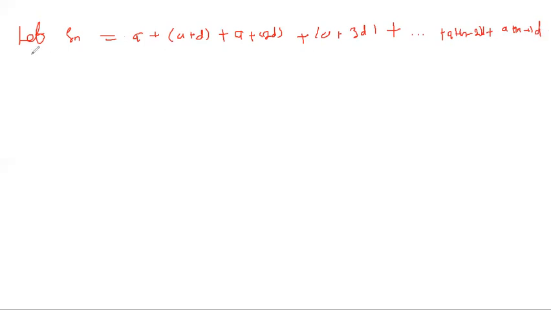Then we still do the same. We begin with the last one. The last one here would be a plus n minus 1 times d, plus a plus n minus 2 times d, then plus a plus n minus 3 times d, plus a plus n minus 4 times d.